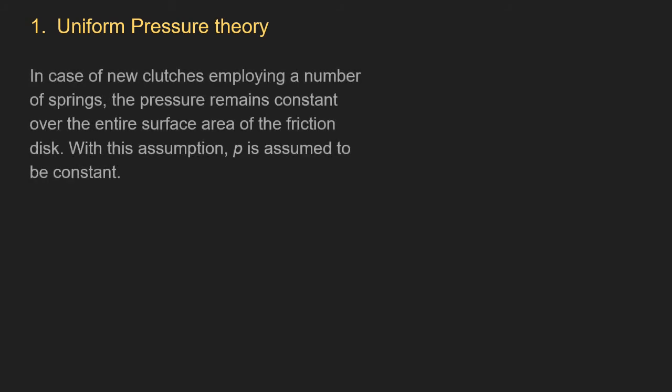All right, so let's look into the first theory, which is uniform pressure theory. Uniform pressure theory is largely applicable for new clutches. When the clutch is new and the pressure can be assumed to be uniformly spread over the entire contact surface, we can assume that the intensity of pressure p is constant.